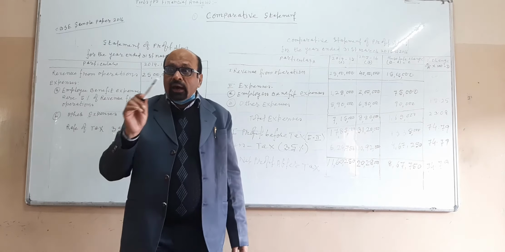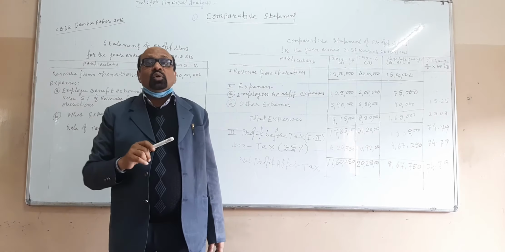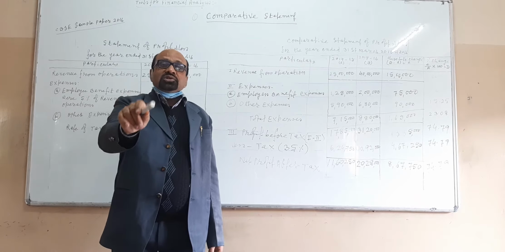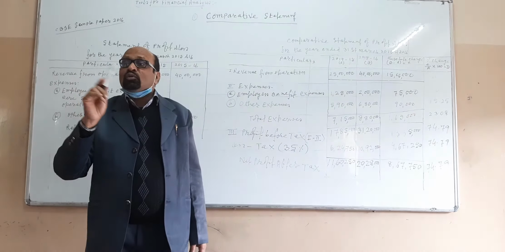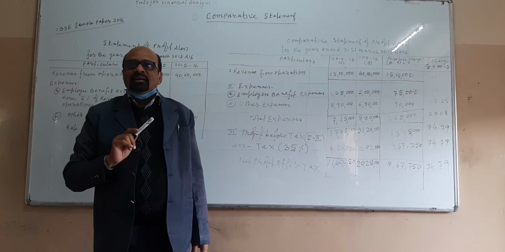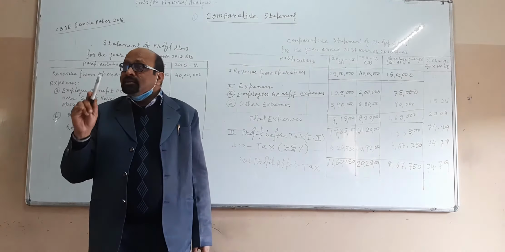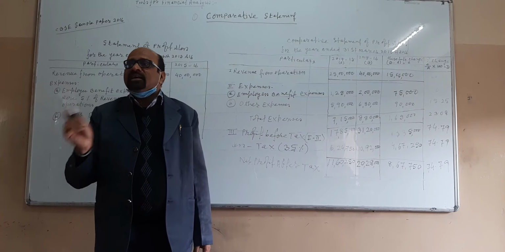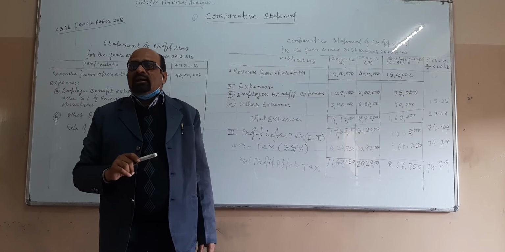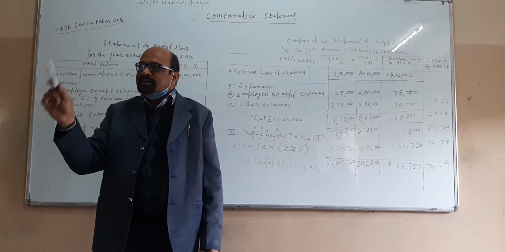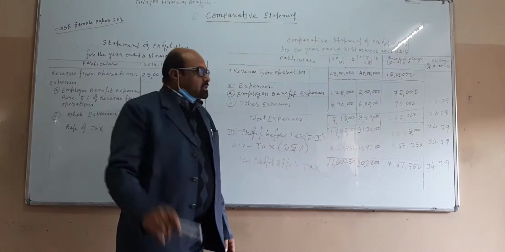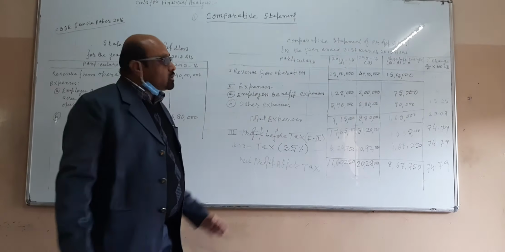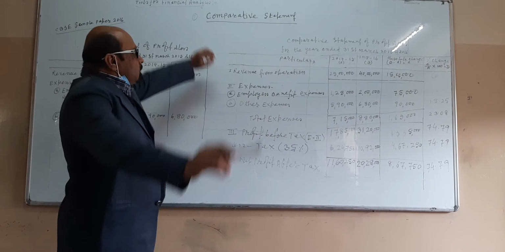But when I analyze, then I come to know, no, Gayatri's position is first and your position is second. After calculation of percentage, after analyzing the different things in detail, that's why absolute change and percentage change are important. Got it? Let us see how we will solve.